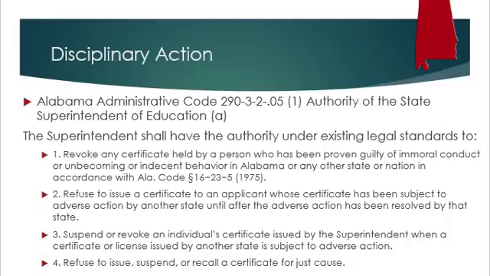Refusal to issue a certificate to an applicant whose certificate has been subject to adverse action by another state until after the adverse action has been resolved by that state. Suspend or revoke an individual certificate issued by the superintendent when a certificate or license issued by another state is subject to adverse action. And the superintendent can refuse to issue, suspend, or recall a certificate for just cause.